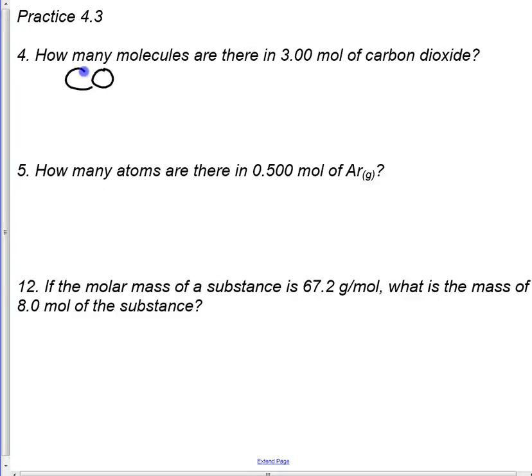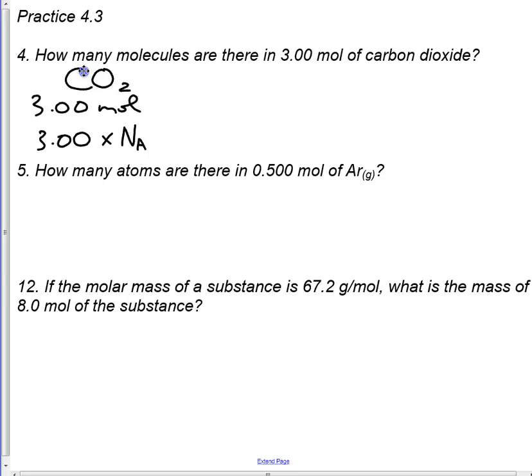So carbon dioxide is a triatomic molecule. If we had 3 moles of those molecules, we have really 3 multiples of Avogadro's number. All right.